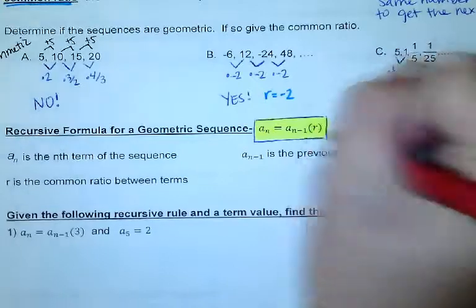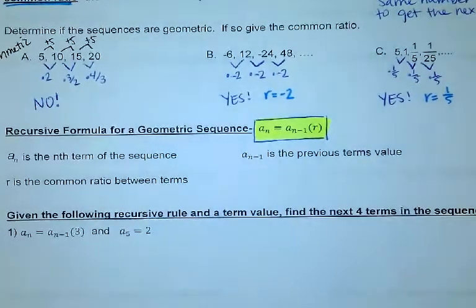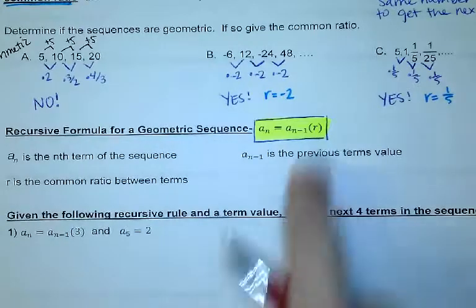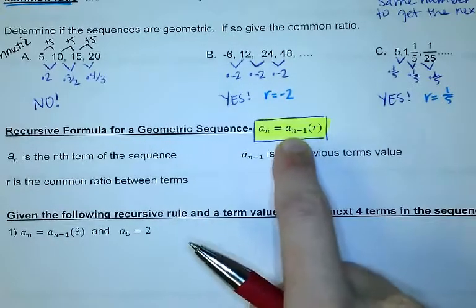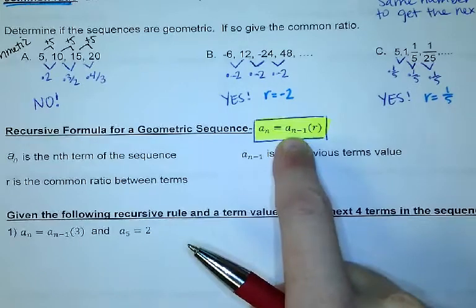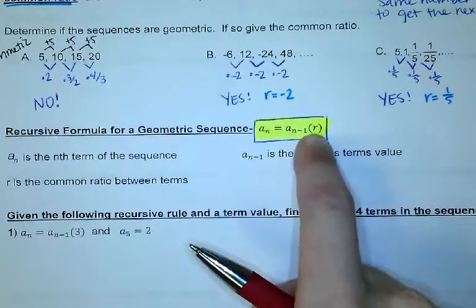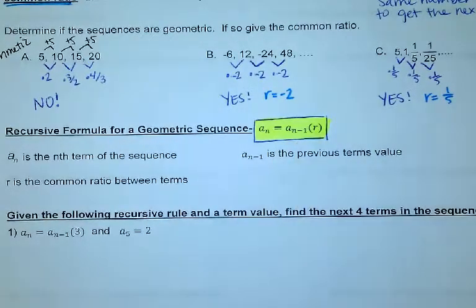So, guys, in our recursive formula for our arithmetic sequence, we added to the previous term. Now, for our geometric sequence, we are multiplying by the previous term. Do you guys feel okay with that? We're multiplying by the previous term.